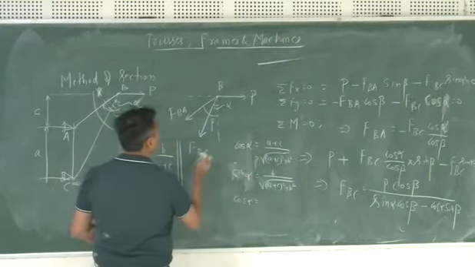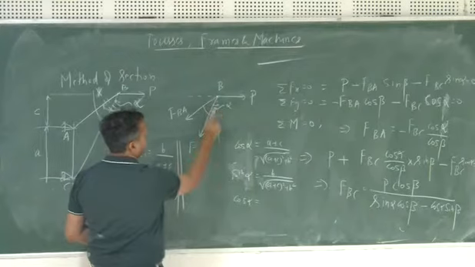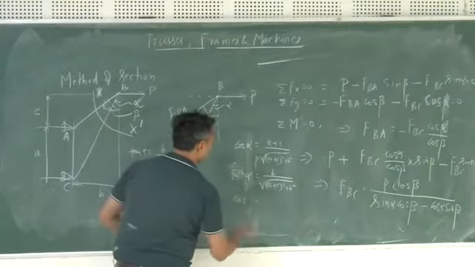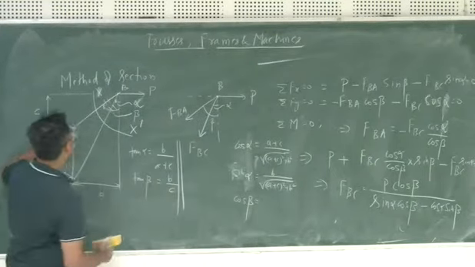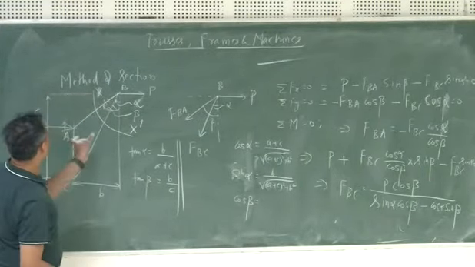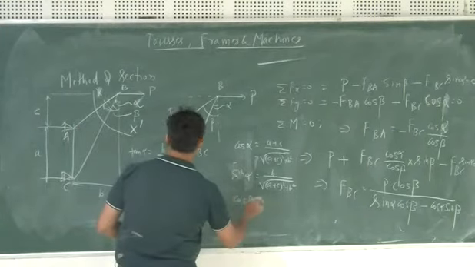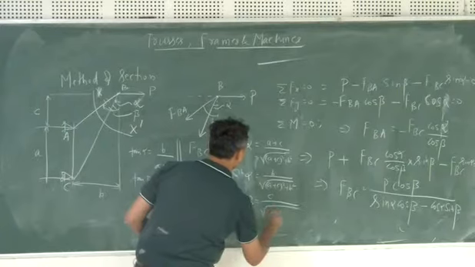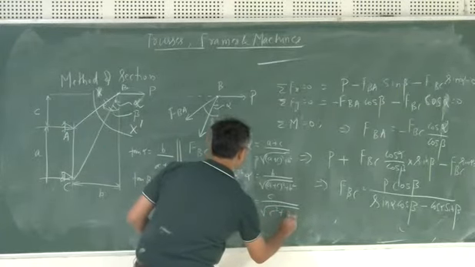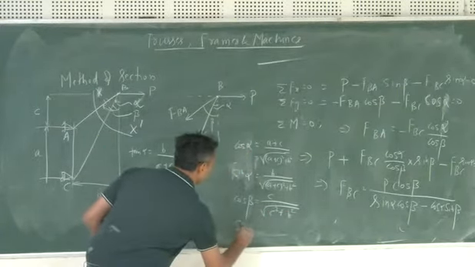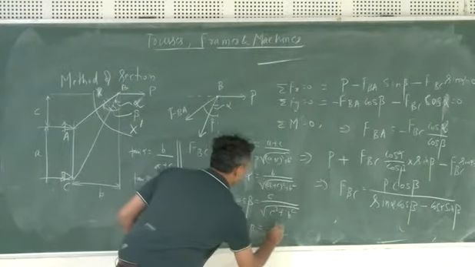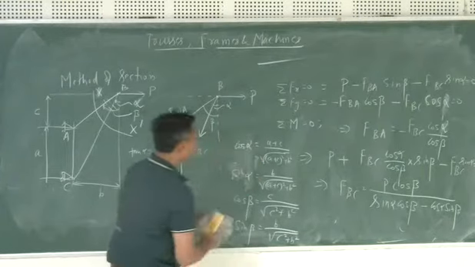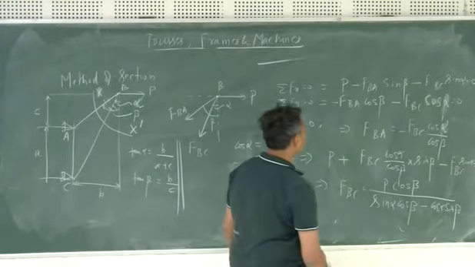Alpha, because we are taking this small angle as alpha, and this one as beta. Cos alpha is c divided by the square root of c square plus a square, and sine beta is equal to b divided by the hypotenuse. These are the quantities you will be getting.